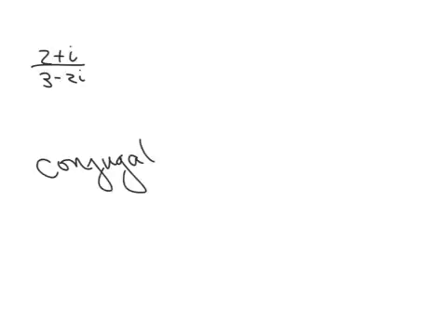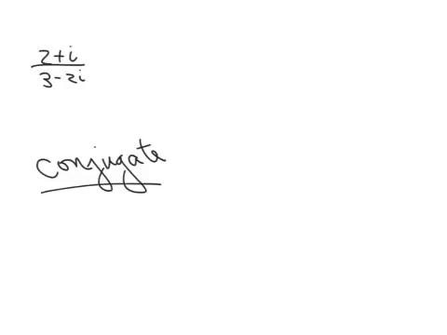Alright, so if we have 2 plus i divided by 3 minus 2i, you cannot have an imaginary number in the denominator, just like you can't have a radical in the denominator. So what we are going to do is multiply the top and bottom by the conjugate.